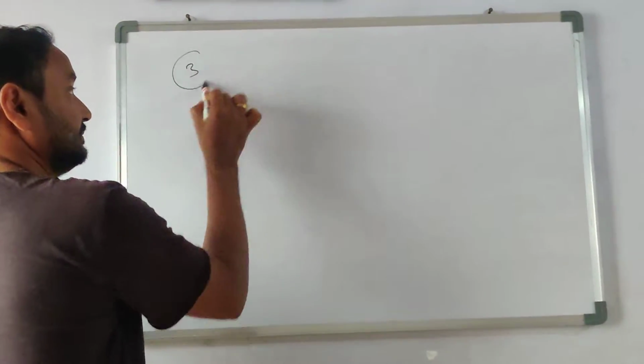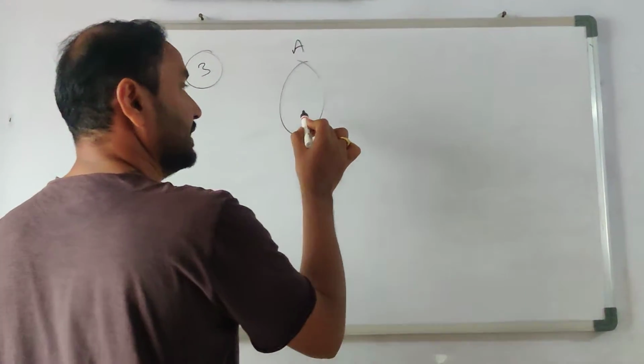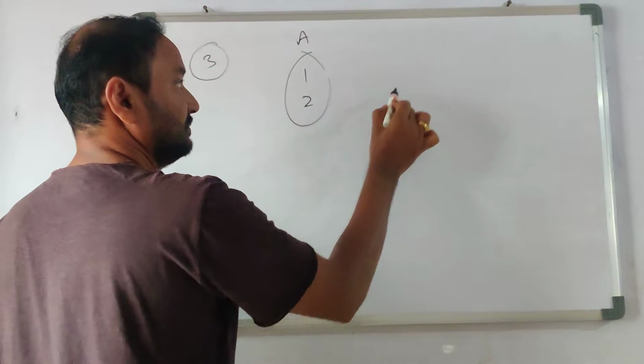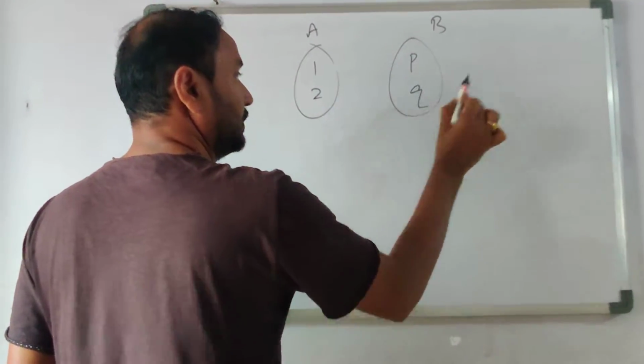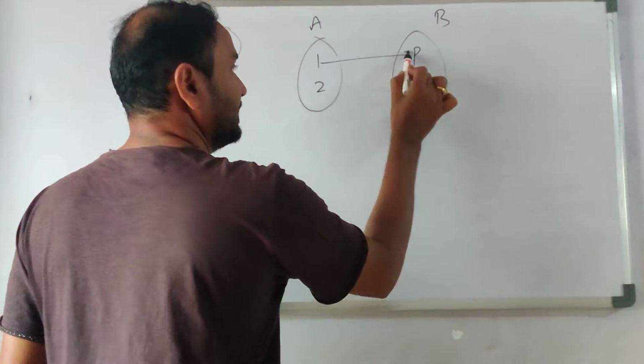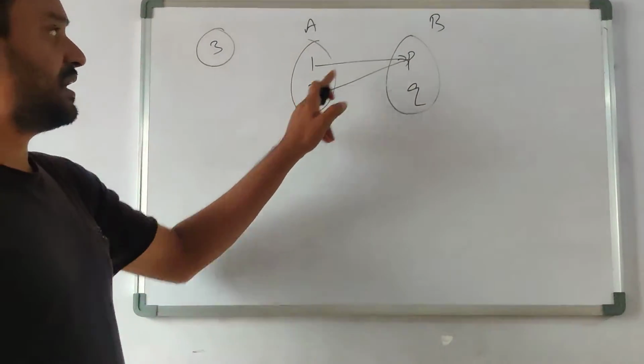Example 3. You take A = {1, 2}, B = {P, Q}. Suppose I am taking like this: 1 has one image, 2 has one image.